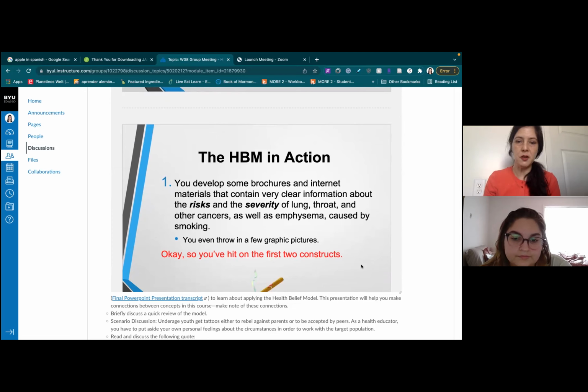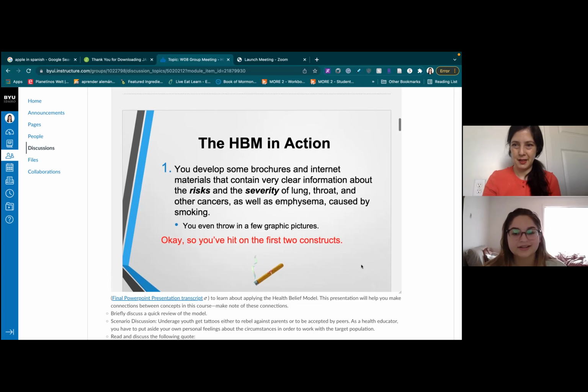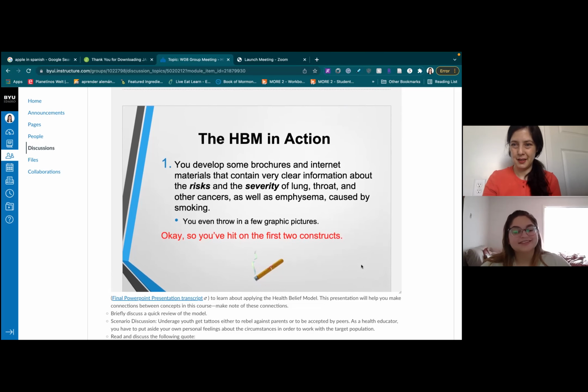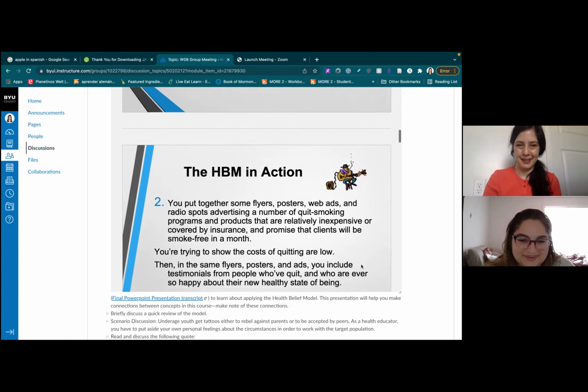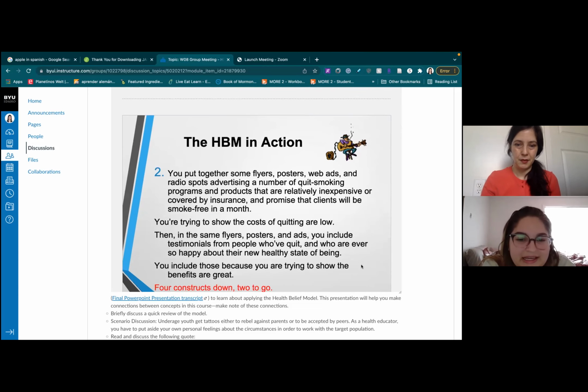Okay, so you've hit on the first 2 constructs, which would be to increase the perceived susceptibility. Severity, perceived severity. Because if you're showing them super graphic pictures and you're like, your lungs will turn black, then they're like, oh, so this isn't a good thing. Exactly.